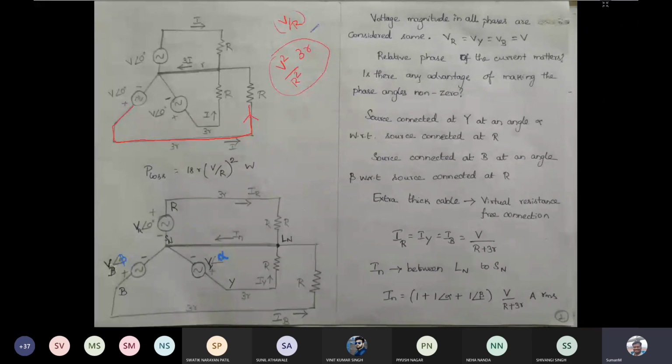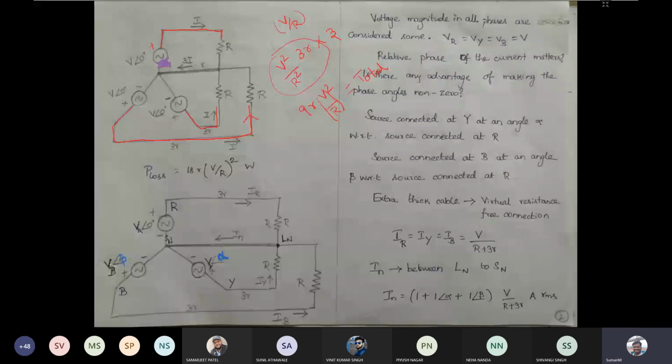Since three cables are available, you can multiply by 3. So for the cable connecting the positive terminal and the load, we have 9R into (V/R) the whole square as the total power loss only in the positive cable which is connected to the positive terminal.